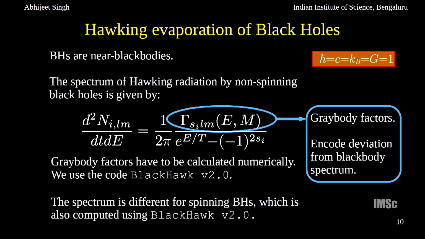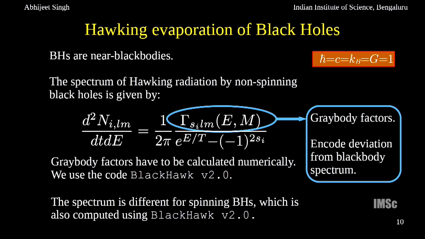And what does the spectrum look like? It is mostly a black body spectrum, except for these factors, and these are called the grey body factors. They come into the picture because the space-time is curved close to the horizon of a black hole.